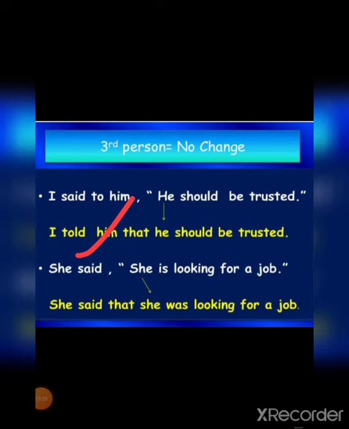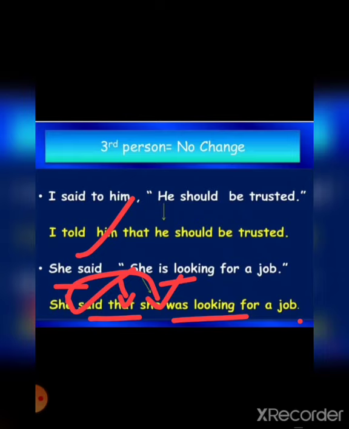For example, she said she is looking for a job. Here see the sentence. She said that, I have added over here. "Is looking" will be "was looking" for a job. She was looking for a job. Here see the third person is not changed at all because it is "she", it is written in third person.